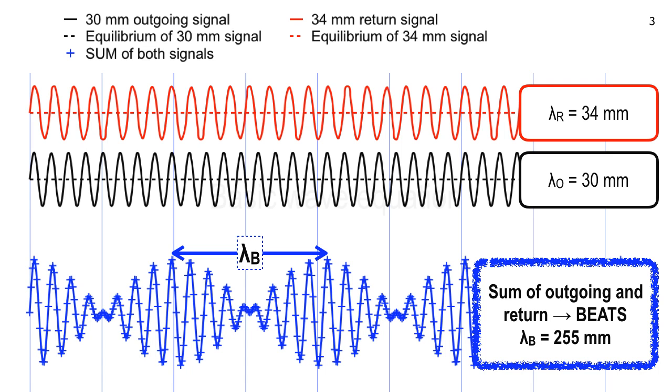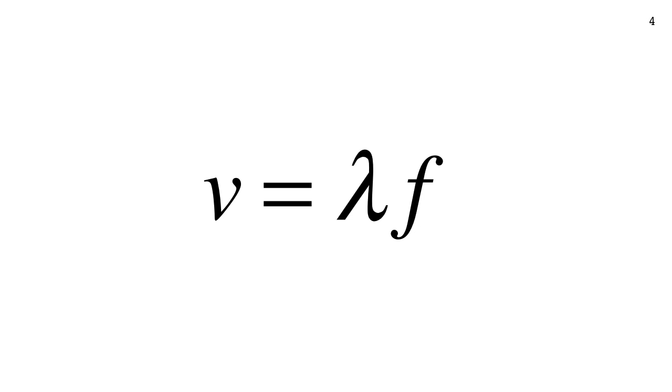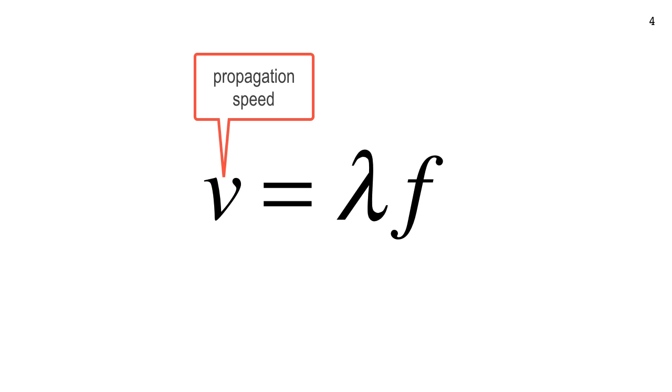Now I want to talk to you about the basic wave equation, and in that, show you the relationship between lambda, wavelength, frequency, F, and the wave speed. V is the speed of propagation for a wave. And this is a generic wave equation.